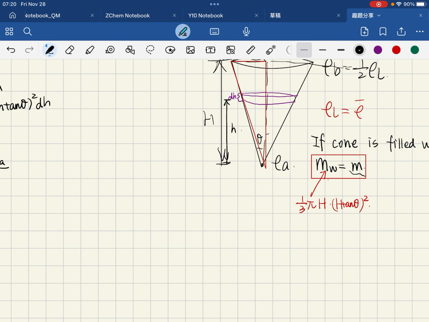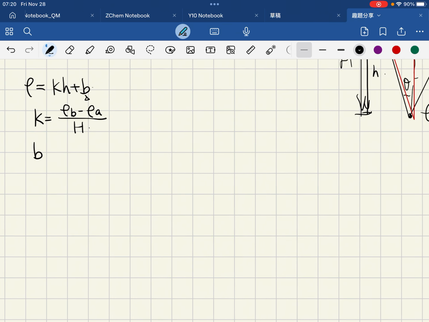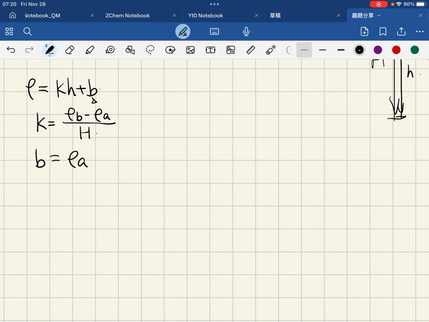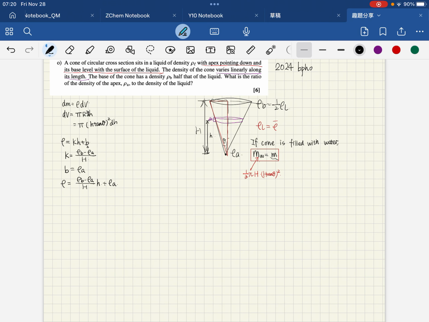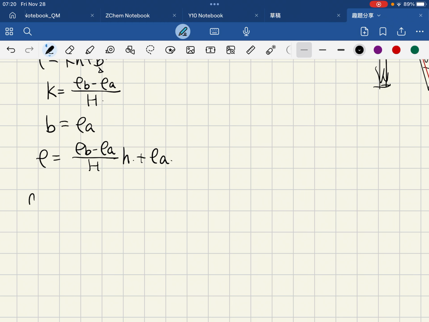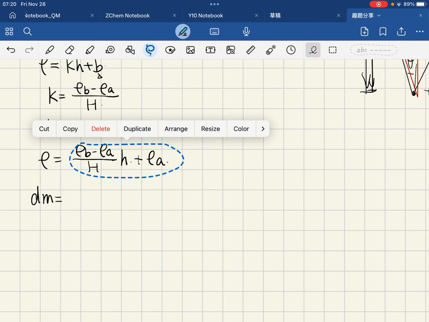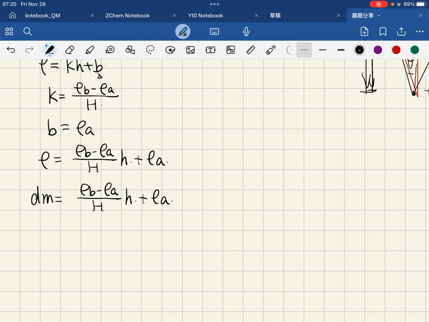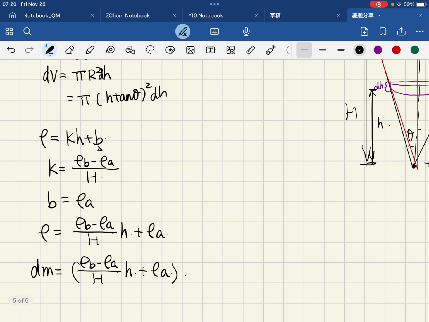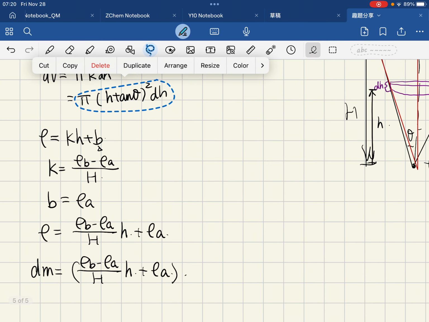Because we integrate from the apex to the base, the initial one is rho A. So rho can be written as (rho B minus rho A) over big H, multiplied by small h, plus rho A. This is rho. Now we can write out dm, which is this stuff multiplied by this stuff.